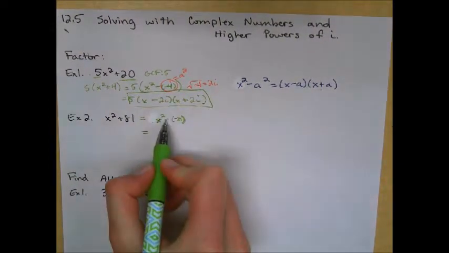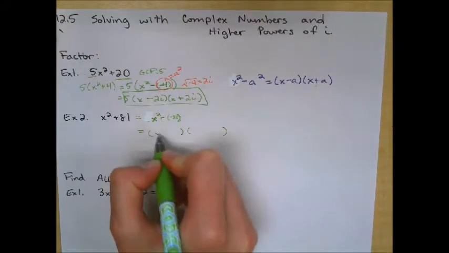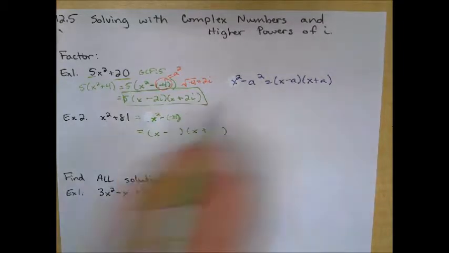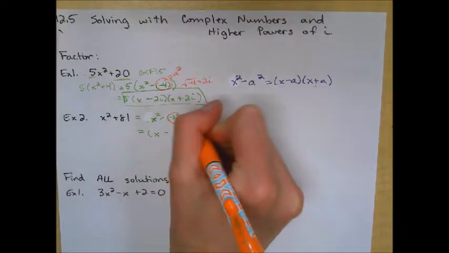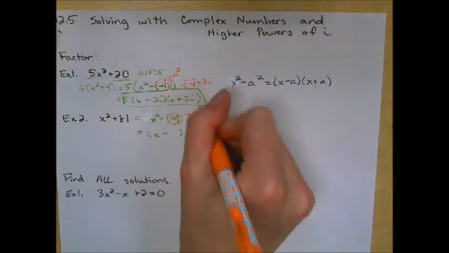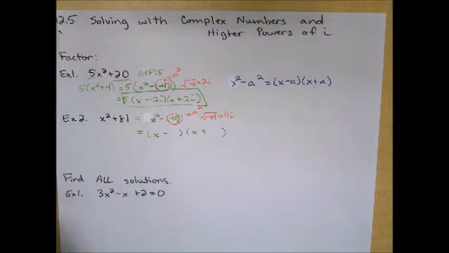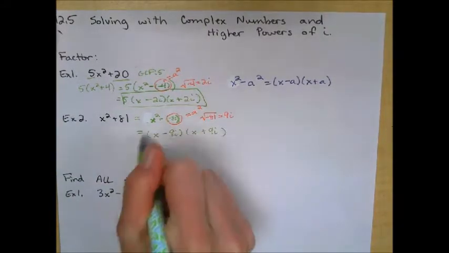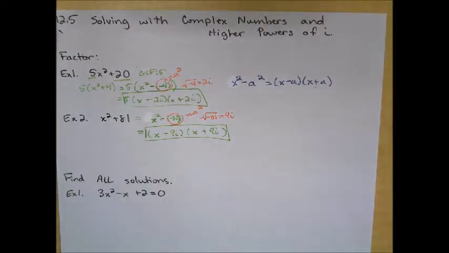We have a difference of two squares: x minus, x plus. What is our a squared? Negative 81. So I take the square root of negative 81 and get 9i. So I have minus 9i, plus 9i. And that's how we factor with our complex numbers.